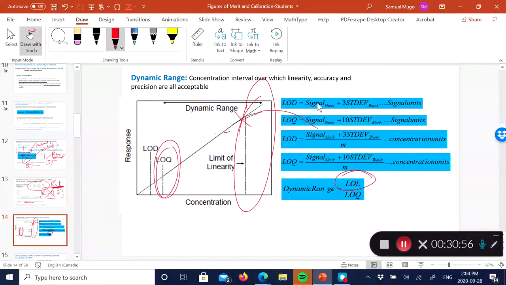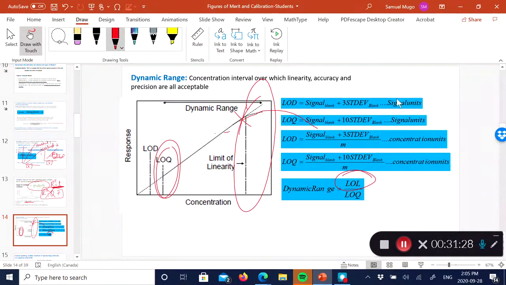The limit of quantification is the lowest concentration that the analytical method can reliably quantify or reliably detect. Whereas the limit of detection is the smallest concentration at which the analytical method can simply detect, but not reliably, meaning the standard deviation is always very, very high. So take note of how you calculate the limit of detection and the limit of quantification. Take note of these two.